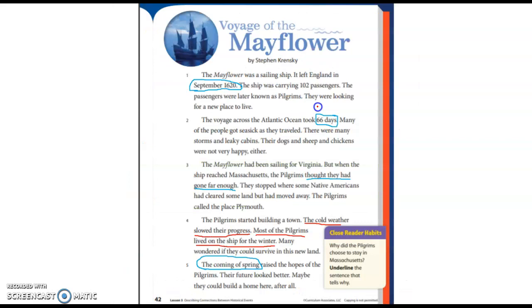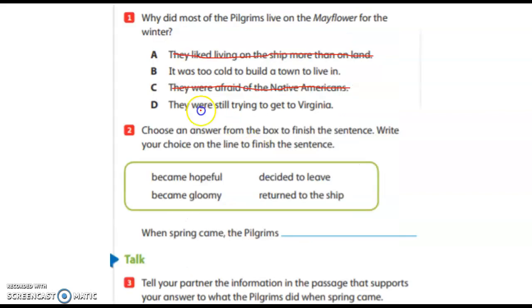Well, in the text it said they thought they went far enough when they got to Massachusetts, so we know they're not trying to go to Virginia still. So we found text evidence that said it was too cold to build the town where they lived. The cold weather was slowing their progress.